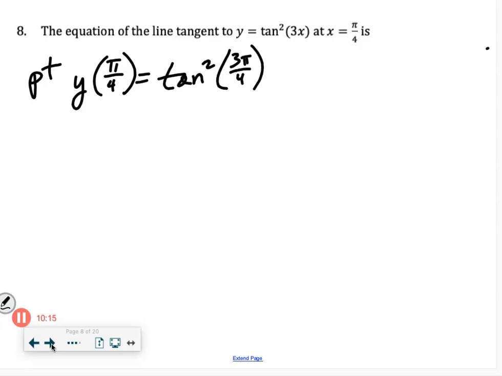What's the tangent of pi fourths? 1. Now we're at 3 pi fourths, which is negative 1, right? Does it matter? No, because we're squaring it. So either way, this is 1. So our point is pi fourths, 1.